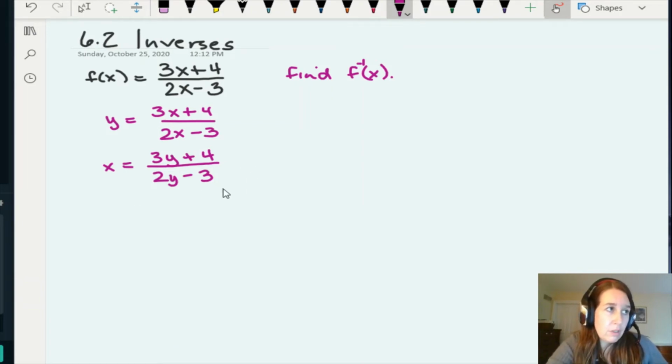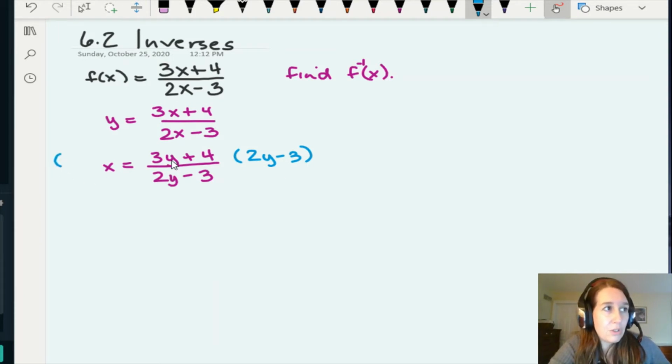Okay, so now our next step, and really to finish the problem, we have to solve for the new y. Notice right now there's two new y's, so that isn't a good answer for us, okay? So what we're going to do first is multiply both sides by this denominator. So 2y minus 3, because we definitely don't want a y in the denominator.